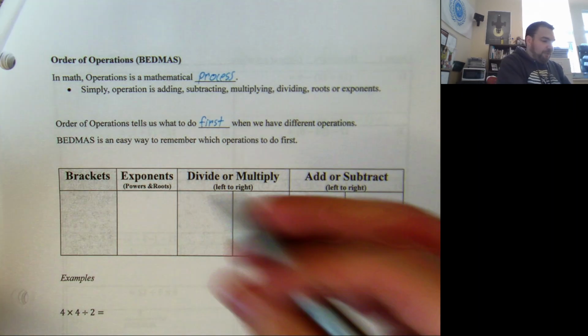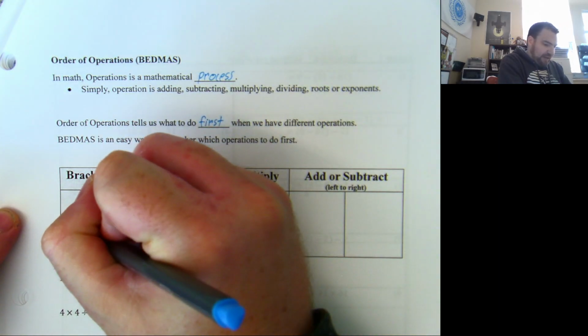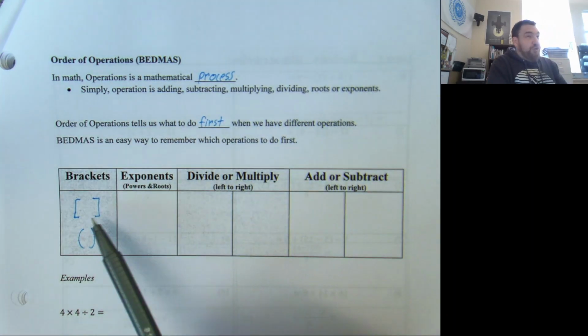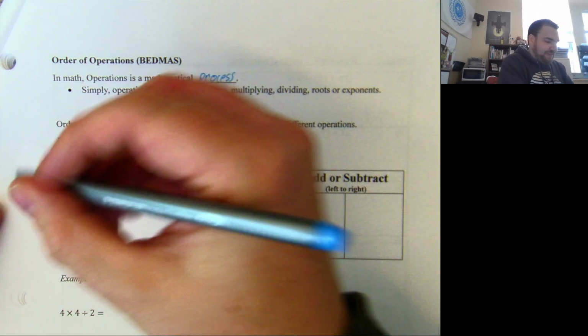So just to make sure we're all up with the notation, the brackets look like this, or like this. They're square or they're curved. They mean the same thing. Technically speaking, the curved ones aren't actually called brackets. Does anyone know what we call the curved ones? Yeah? These are parentheses.